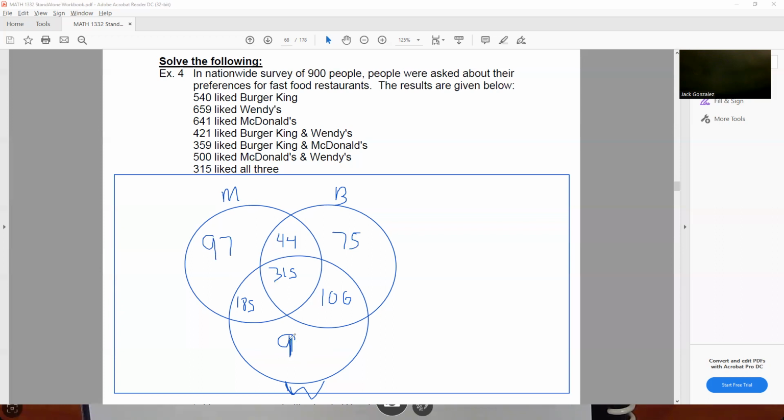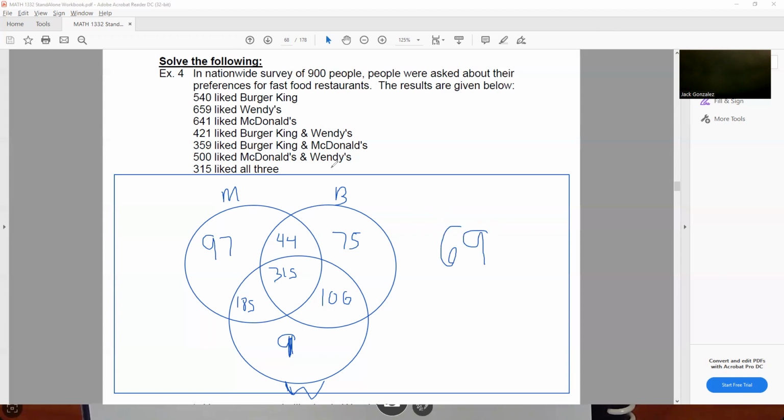Add all these totals. Is it 900? Because there might be some people out here that hate all this stuff. So how many don't like anything? The 69 up here say they hate Burger King, McDonald's, and Wendy's.